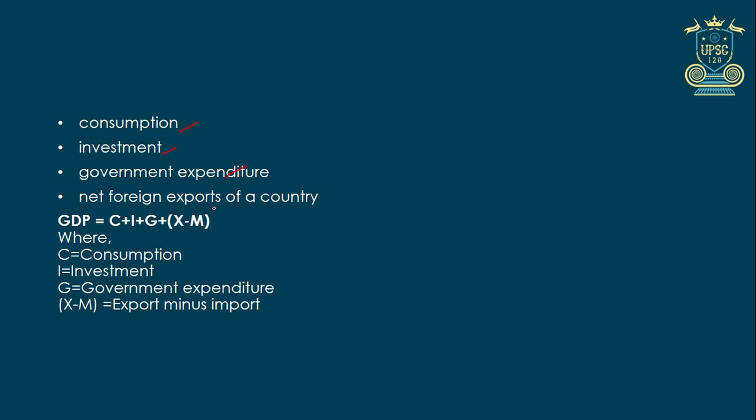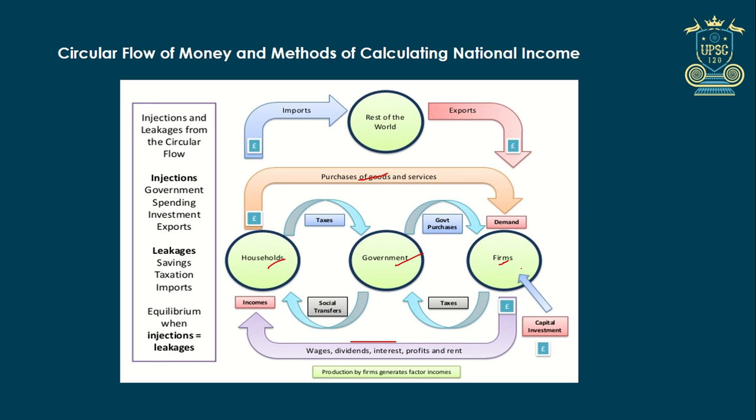Then the net foreign exports of the country, that is exports minus imports. In this diagram, through imports and exports, the products from the rest of the world will come into the country, and through exports from the country, the goods and services will reach the rest of the world.